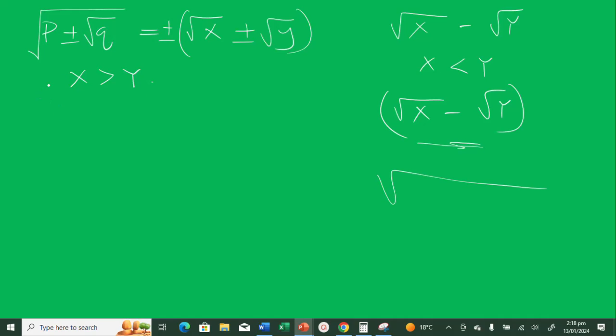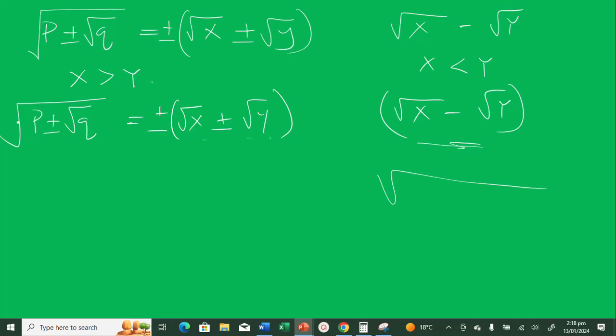So now, for us to work this out, let's write down the expression again. We assume this is the square root of this expression.